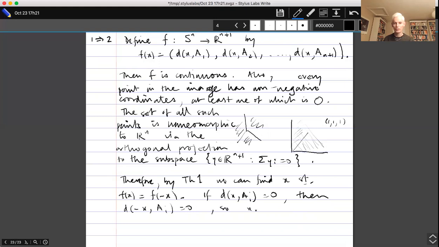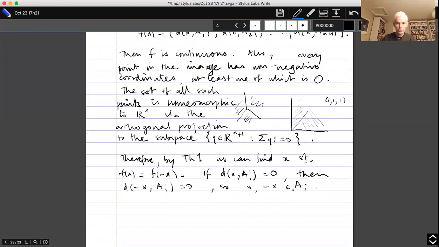So x and -x belong to Ai. Why did I use the fact that the sets were closed? Just here, from the fact that the distance from -x to Ai is 0, I deduced that -x belongs to Ai. And that wouldn't necessarily be the case if Ai were not a closed set.